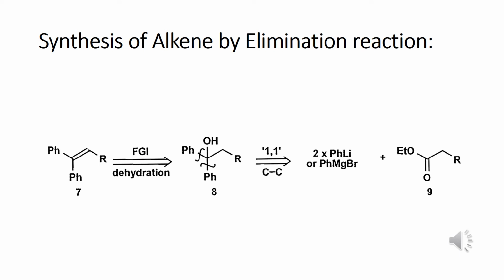Well, when Zimmerman and Keck wished to study the photochemistry of a series of alkenes, as you can see here, structure 7, which has the phenyl group as substituent.